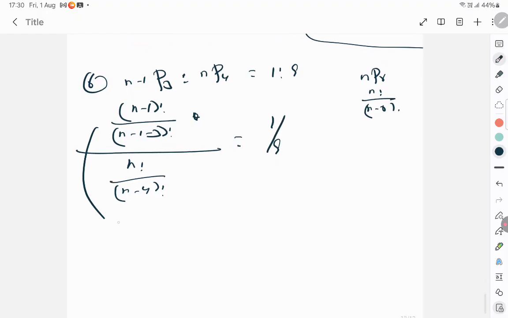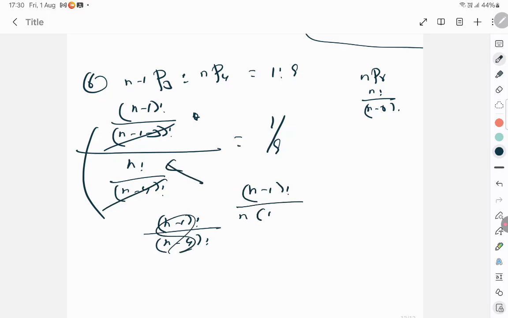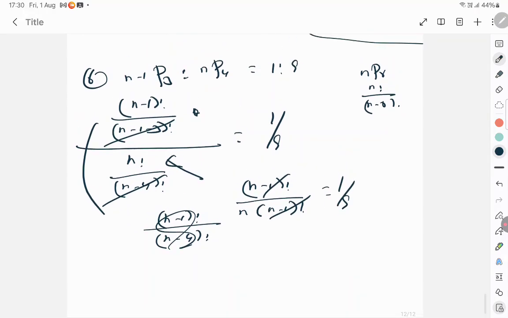So this is nothing but (n minus 1) factorial by (n minus 4) factorial, because n minus 1 minus 3. Then the (n minus 4) factorial is directly cancelled. The denominator can be written as n into (n minus 1) factorial. So this also gets cancelled, therefore n is equal to 9.